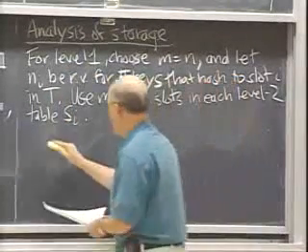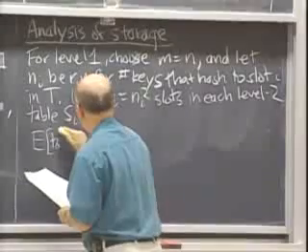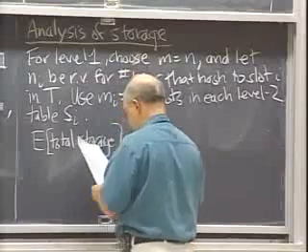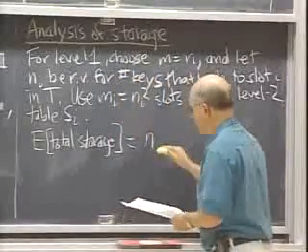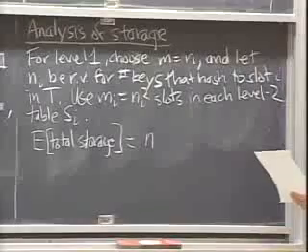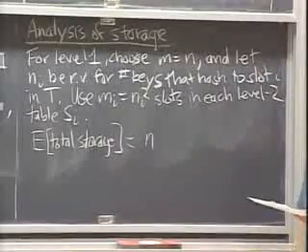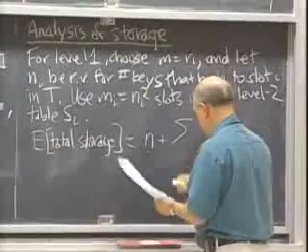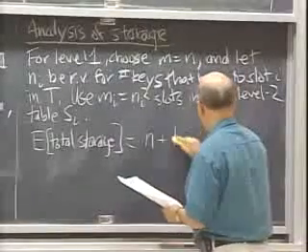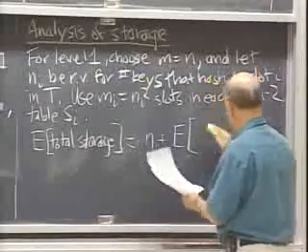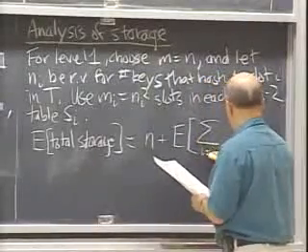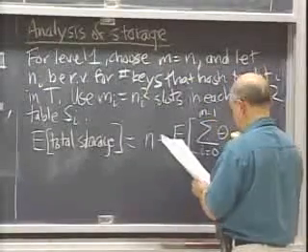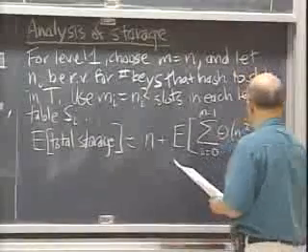So the expected total storage is just n for level 1, order n if you want, basically n slots for level 1, plus the expected value of the sum of i equals 0 to m minus 1 of theta of n sub i squared.